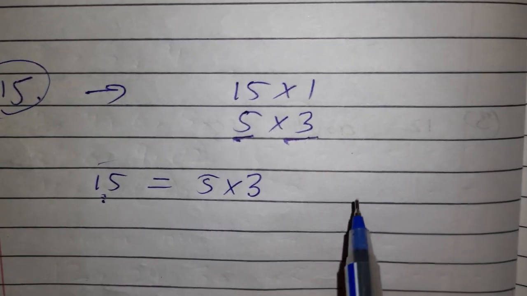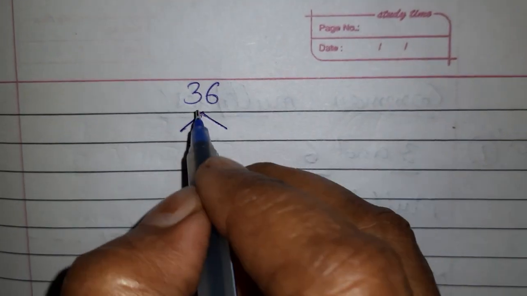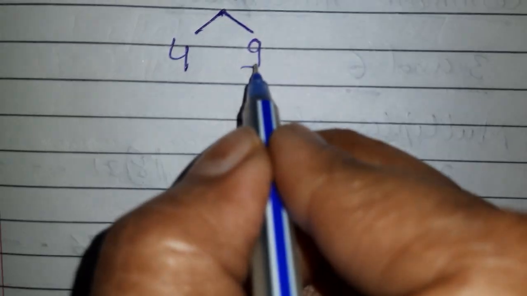Okay, to find the prime factorization, let us take one example, 36. First, divide into two parts. It is also called a factor tree. Suppose 4 9s are 36. Now see, 4 is a composite number, 9 is also a composite number.